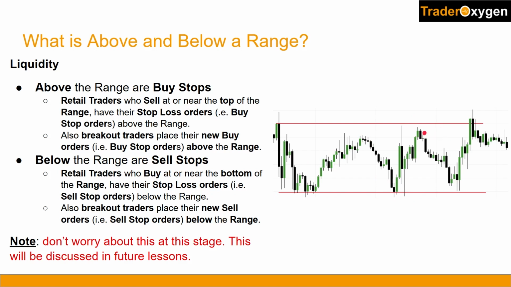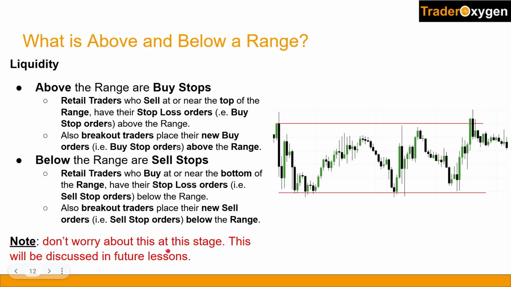Because when traders sell at the top, they put a protection entry to protect their entries, which is going to be a buy stop. When traders buy at the bottom of the range, they have a protection entry called a stop loss. That stop loss is going to be a sell stop. So because of that, above the range you have stop losses, which are buy stops. That is known as liquidity for smart money.